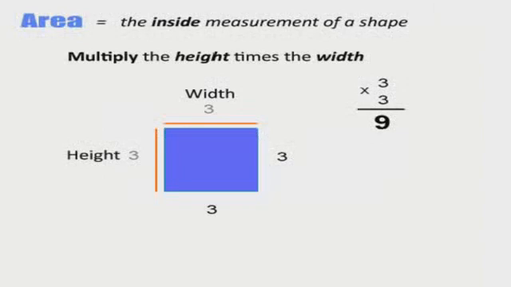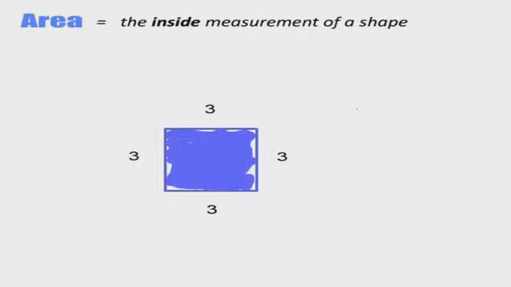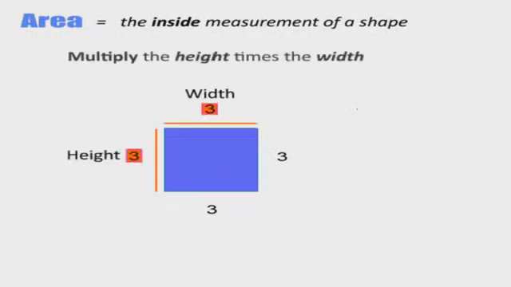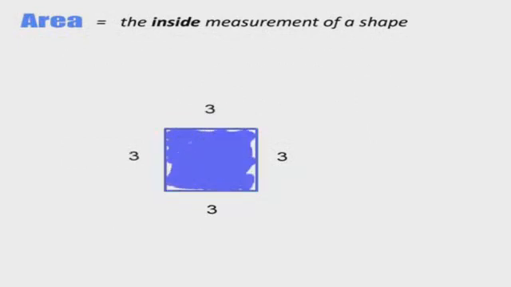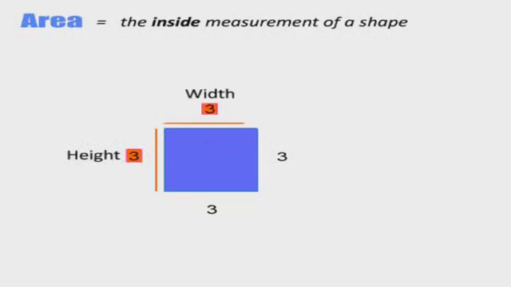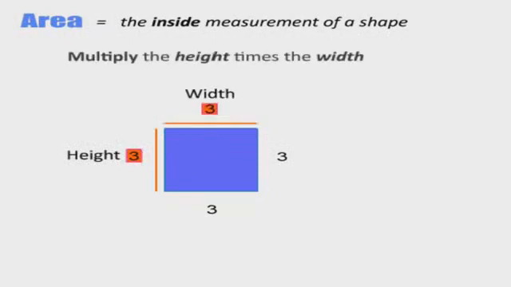Here is an example of how to find the area of a shape for a square. If you look at this shape, we have a square having a height of 3 and a width of 3. To find the area of this shape, the simple formula is multiplying the two sides. Multiply the two sides and you get your area.